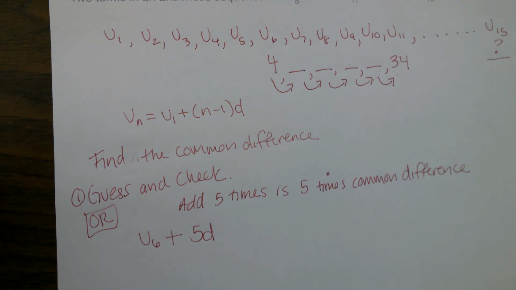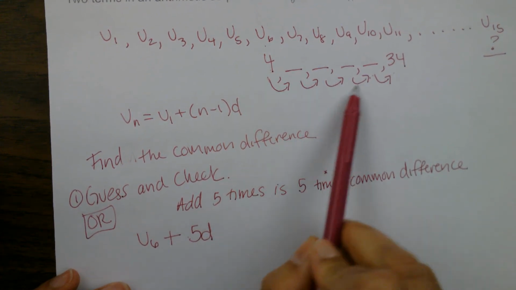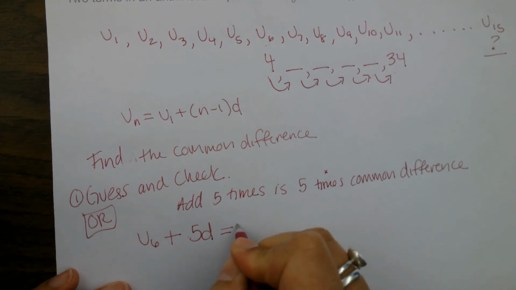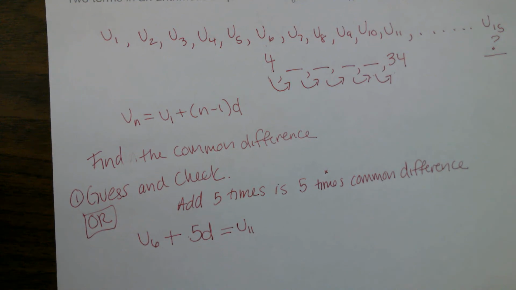Multiplication is repeated addition. So if we take u sub 6, which is 4, and we add a common number 5 times, we are going to get to the number 34, or we're going to get to u sub 11.